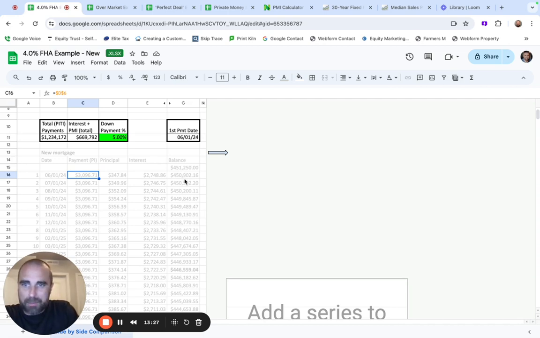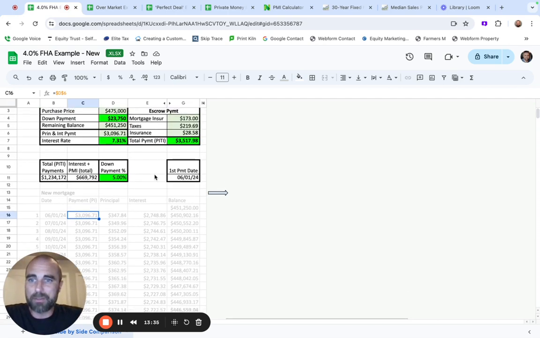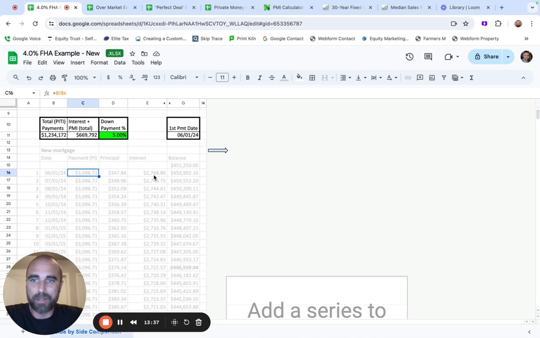And this happens each month. So if you'll notice, look at how much interest we are paying. When we have a 7.31% interest rate, we are paying mostly interest here. And this is why it's a really big deal that interest rates have gone back up basically to where their historical averages are.